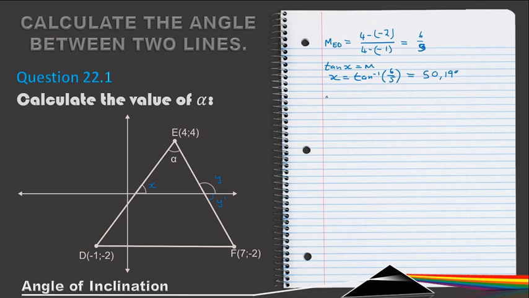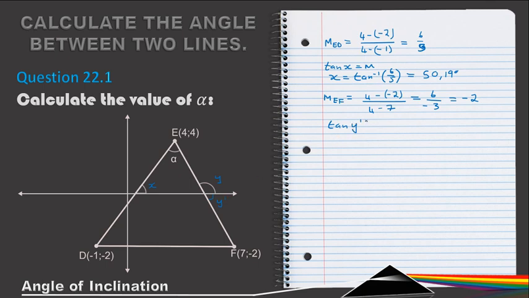Now let's move on to the gradient of EF. The gradient of EF is equal to change of y over change of x, so 4 minus negative 2 over 4 minus 7. So this is then 6 over negative 3, and that gives us a gradient of negative 2. Okay, so tan of, and remember, because we have a negative gradient, the value that we're going to get is a negative angle, which is this y1.